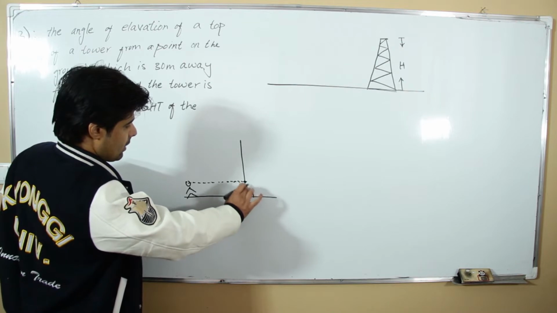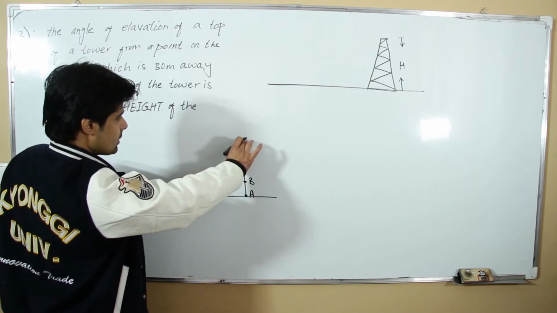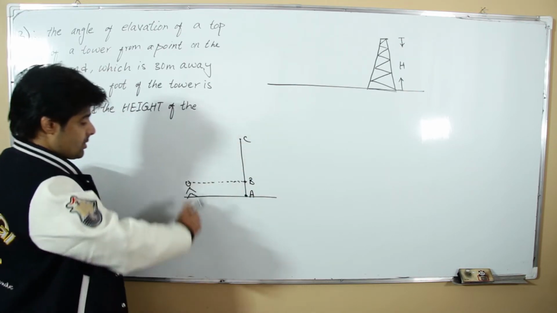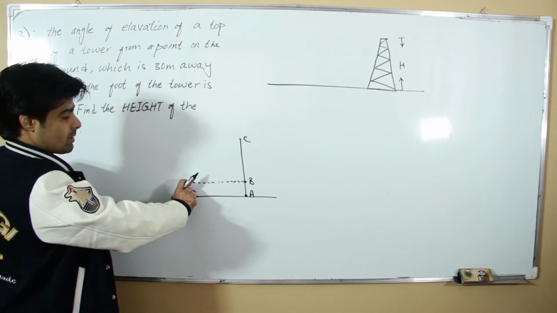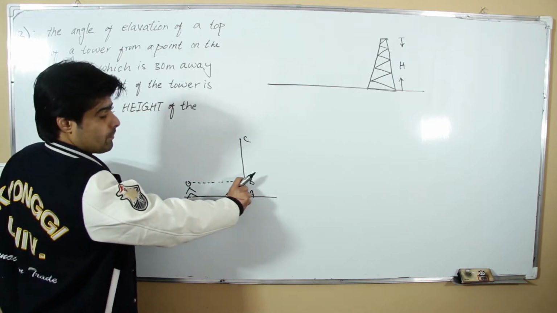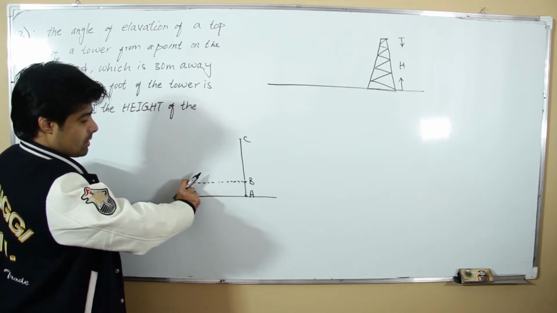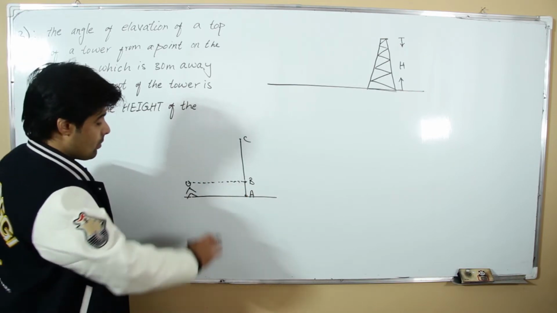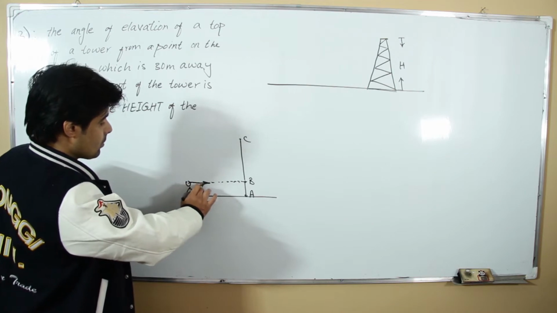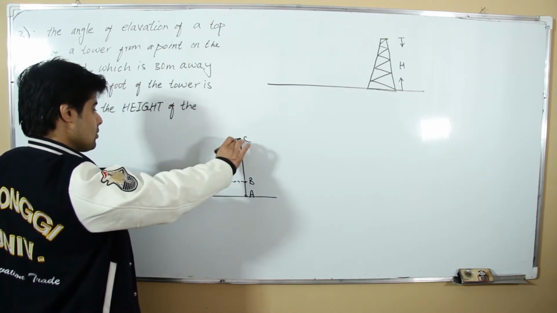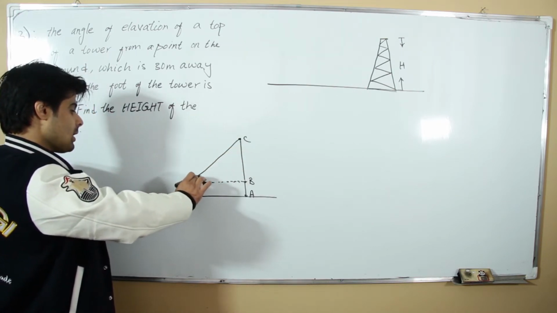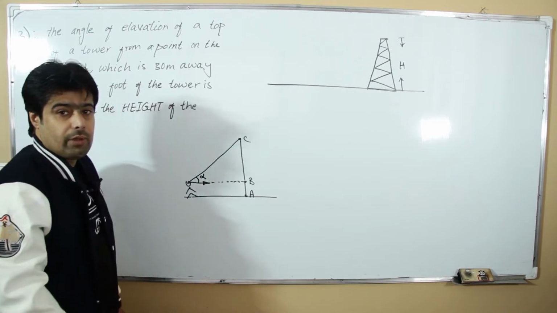Let me have A, this is B, and this is C. Horizontally the height of this person is AB. Am I right or not? Yes. The height of this person is equal to AB. Now he looks to the B part, then once again he looks to the top part. This alpha is called angle of elevation.